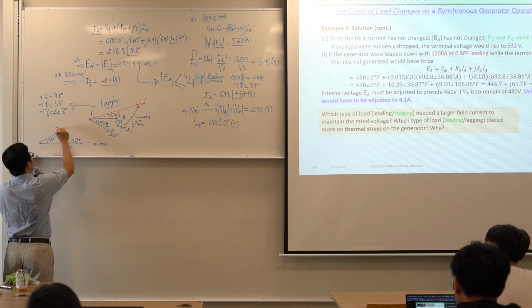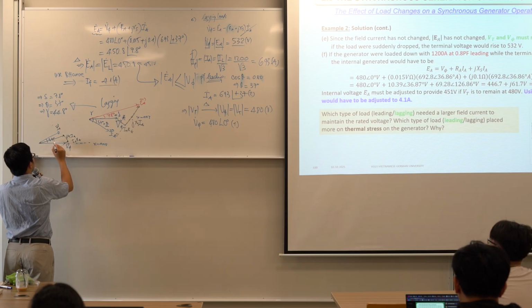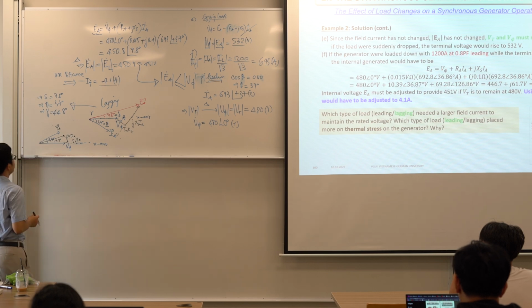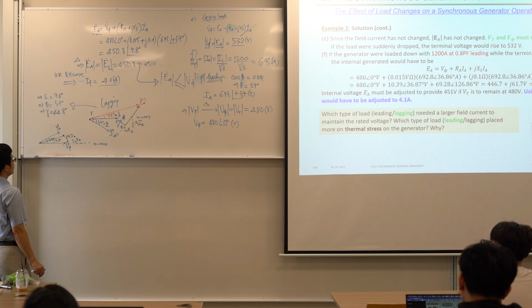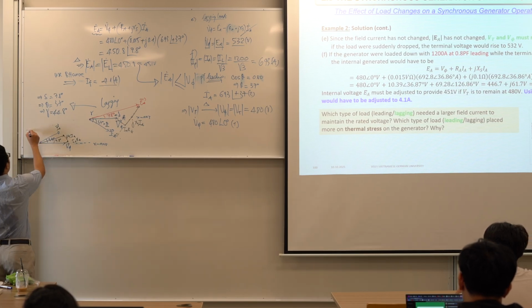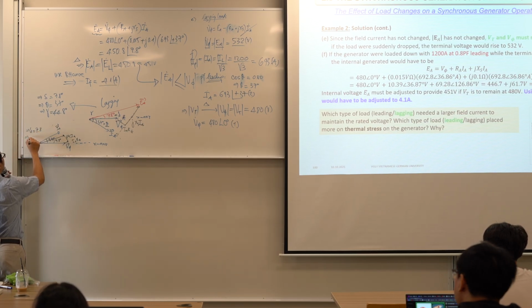This is IA, and this one is jXS IA, very small. So we have delta is 7.8 degrees, and theta is 37 degrees.